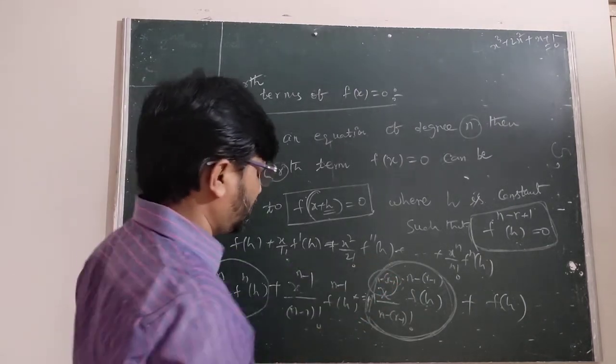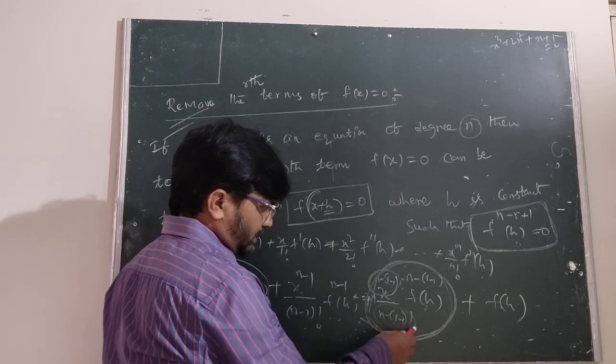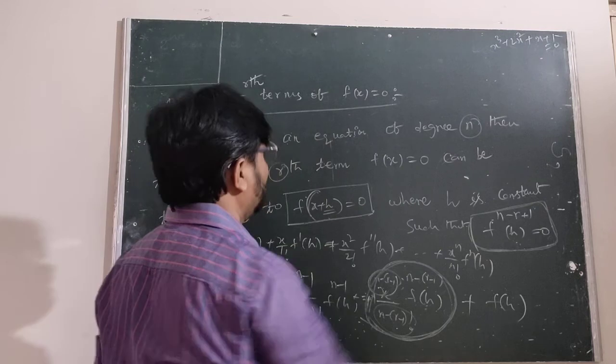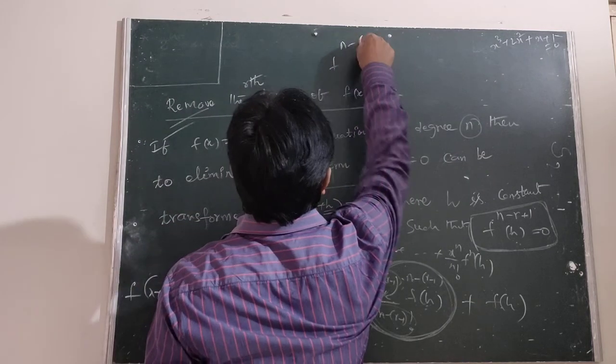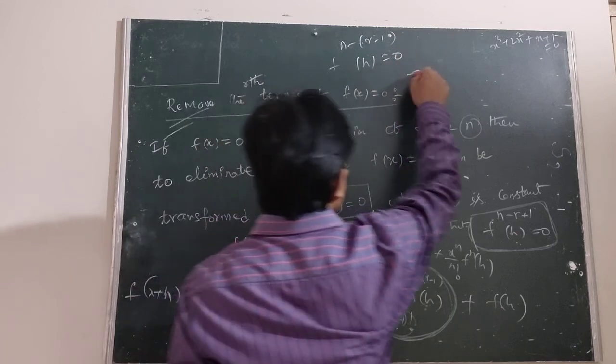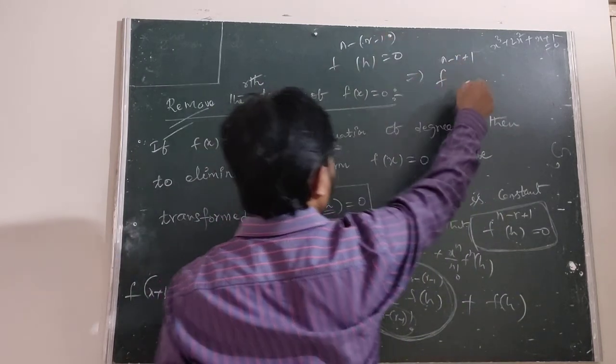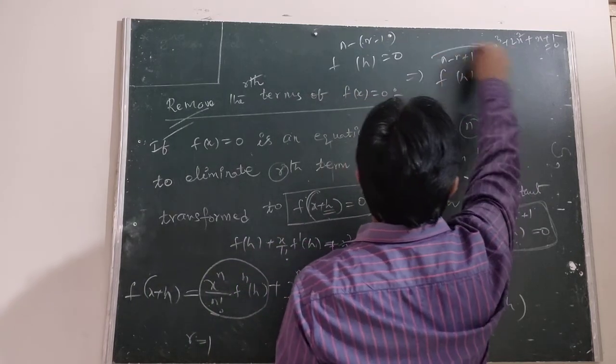This one is a constant, so f^(n minus r plus 1) of h is 0.